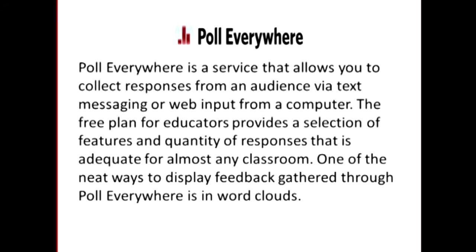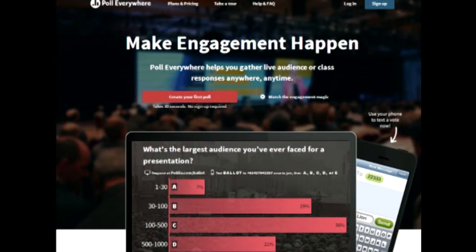So rather than ask people to sometimes put their hands up, which can be a little bit embarrassing depending upon the type of feedback you're after, you can give your participants a chance to provide feedback just basically through their mobile device. They can text a response, they can go to the website and vote. There's lots of options, and as it says on the slide, it makes engagement happen.